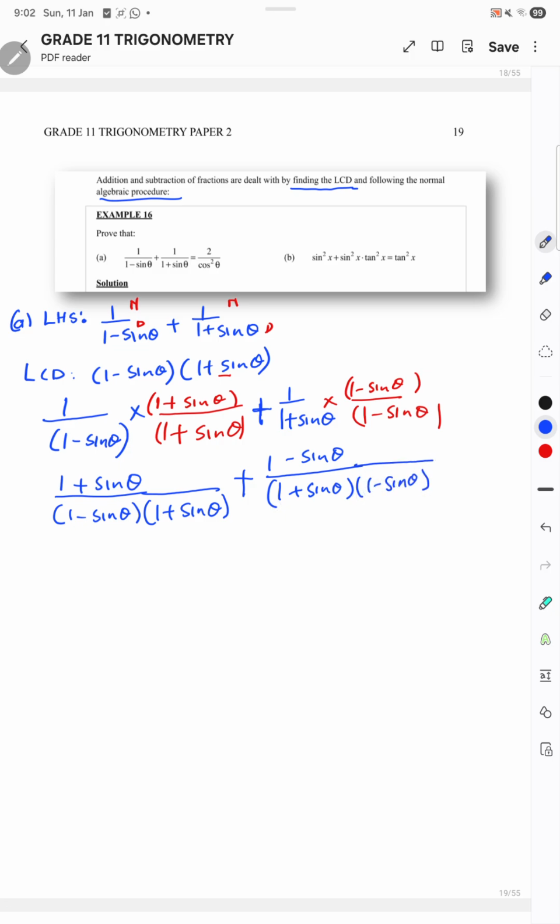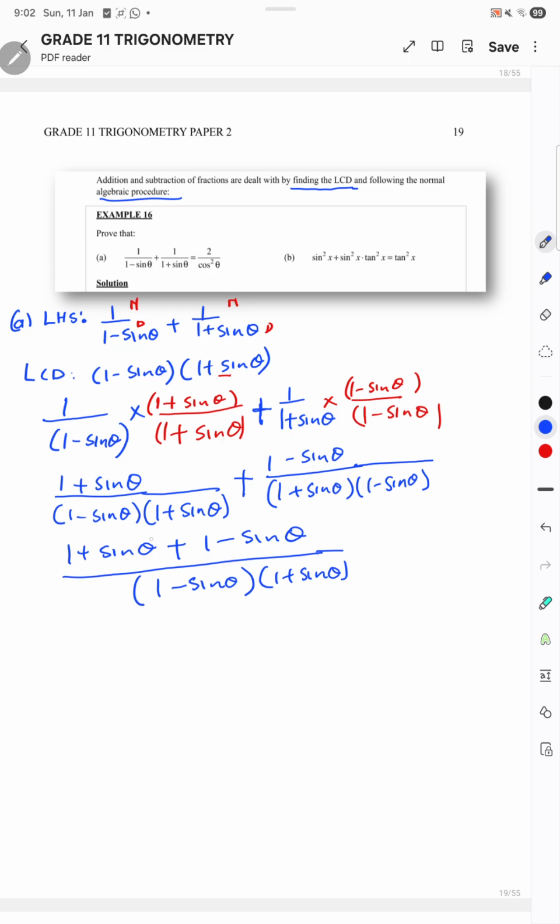Now you do the normal algebra processes. So here at the top you still have 1 plus sine theta. The denominators are the same, so you can add now. Plus 1 minus sine theta, divided by, when you add fractions, you keep one denominator when they are the same. So I'll keep 1 minus sine theta times 1 plus sine theta.